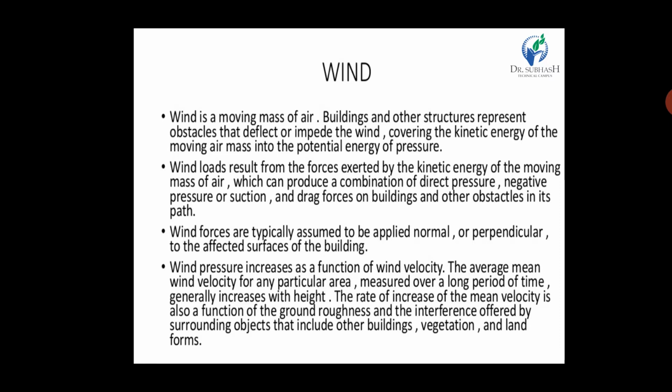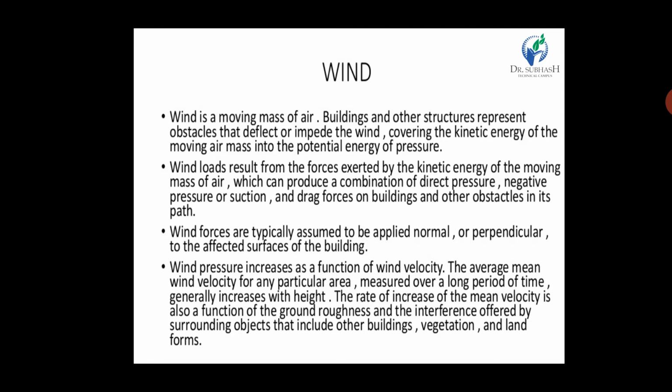Wind loads result from the force exerted by the kinetic energy of moving air, which can produce a combination of direct pressure, negative pressure or suction, and drag force on buildings and other obstacles in its path.